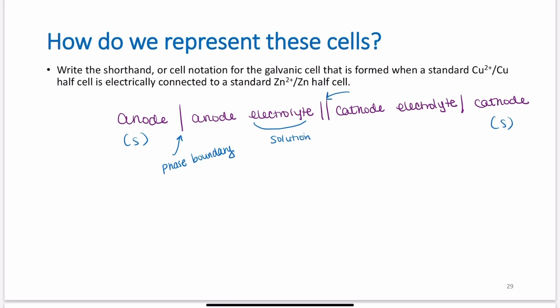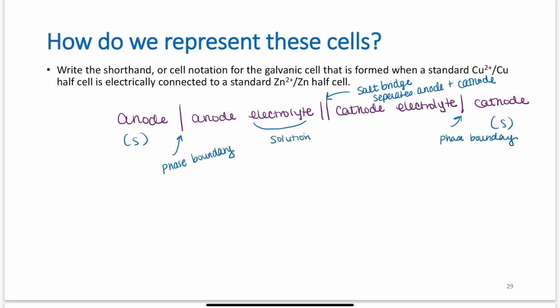The double line here represents your salt bridge, and that separates the anode from the cathode. This is your other phase boundary on the cathode side. So let's write what this will look like for the zinc example.